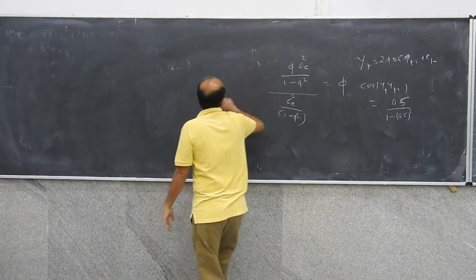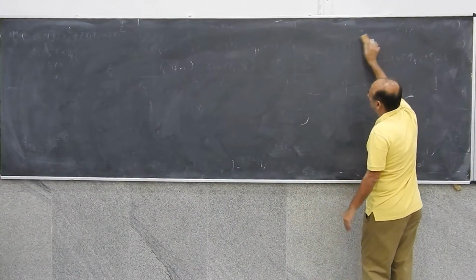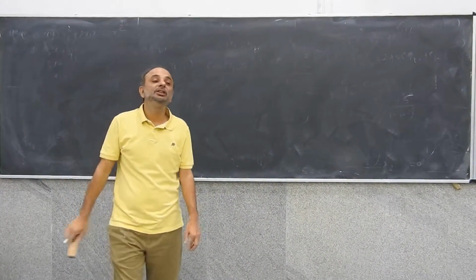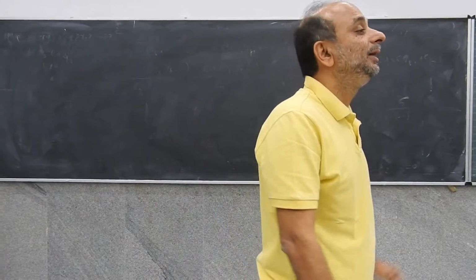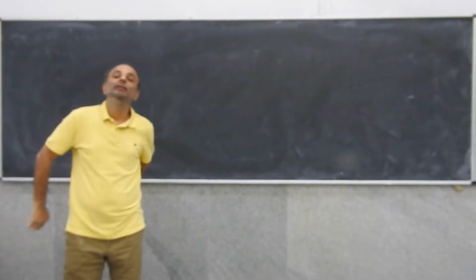Now if I ask you the covariance between yt and yt minus 2, how will you get it?